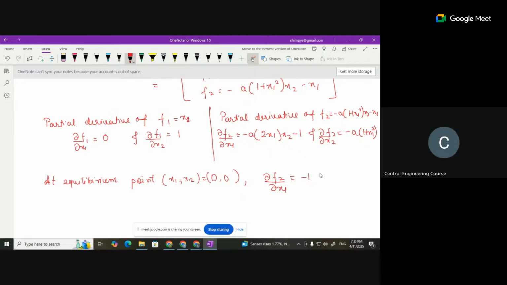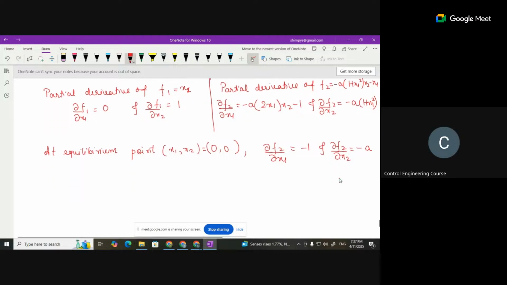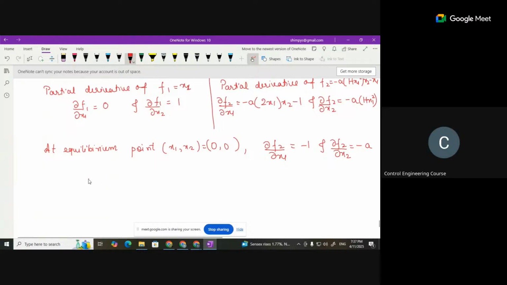Minus 1. Fine. And del f2 by del x2 will come out to be minus a. Right? So now if I form my Jacobian matrix, it will be 0, 1, -1, -a. Correct.